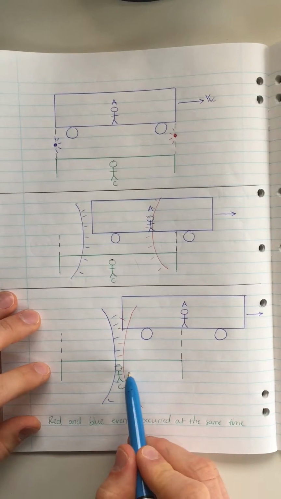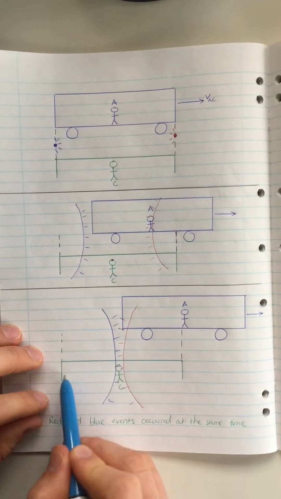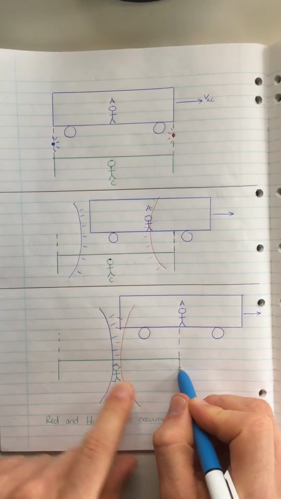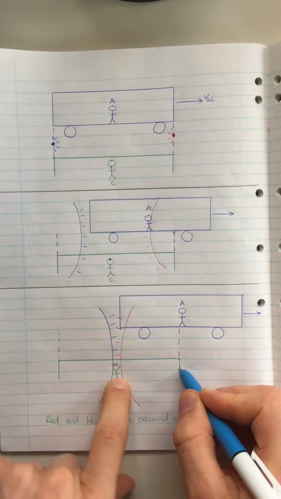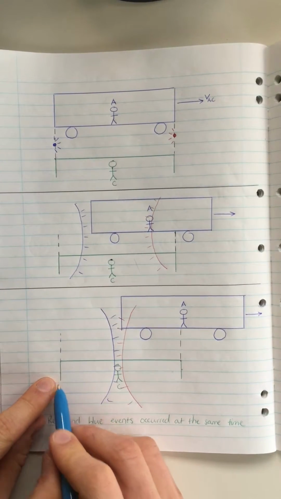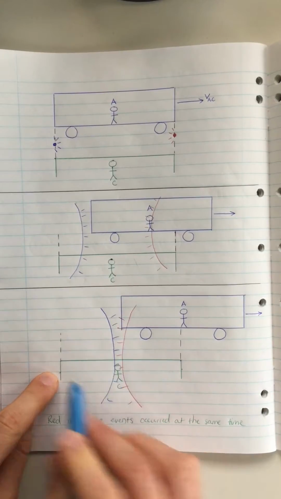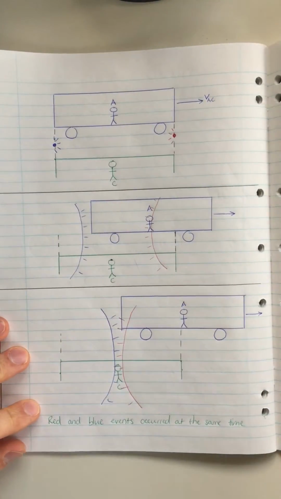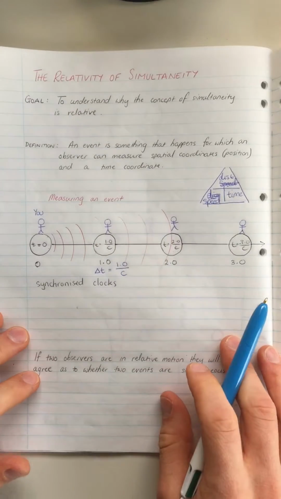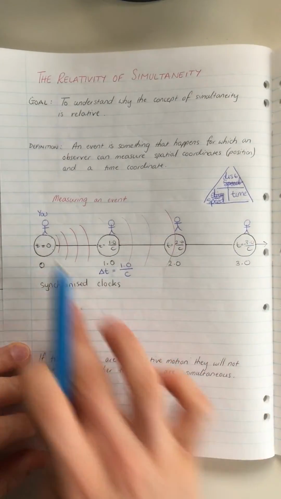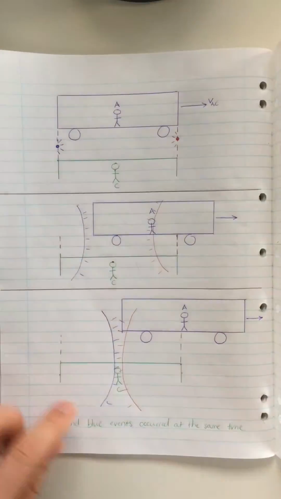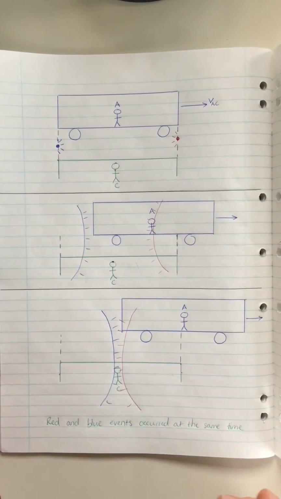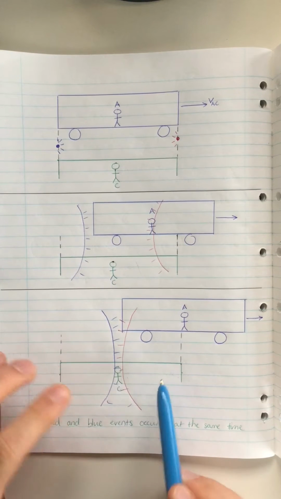So person C knows that the flashes have travelled the same distance. The red flash has travelled from this end of the platform to himself, and the blue flash has travelled from this end of the platform to himself, and he knows that they're the same distance, and he can be sure of that because he has a set of coordinates like this one set up, and so he can very confidently measure what this distance is and what this distance is and be sure that they're equal.